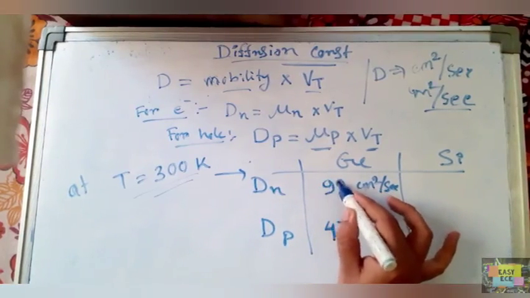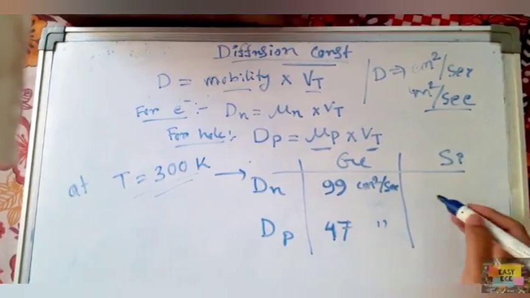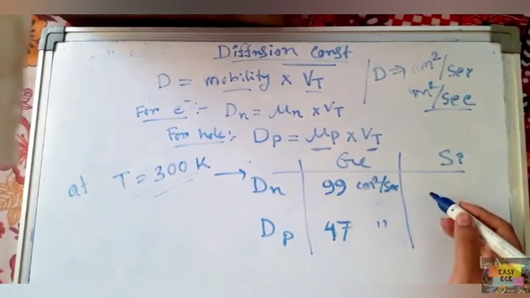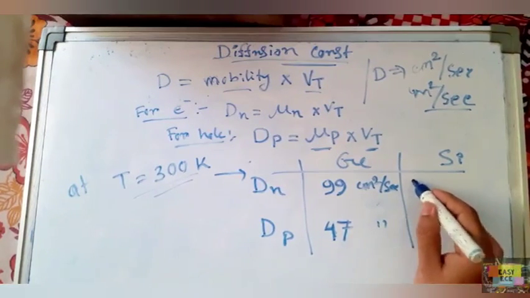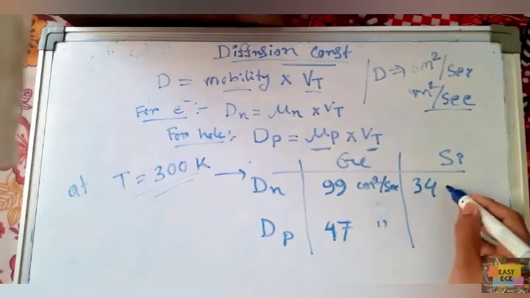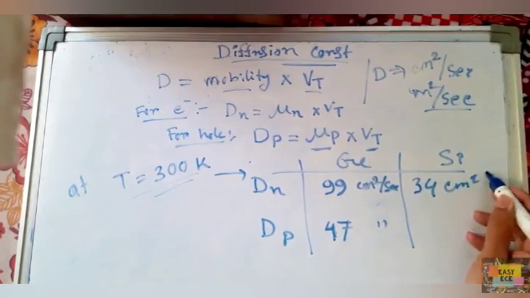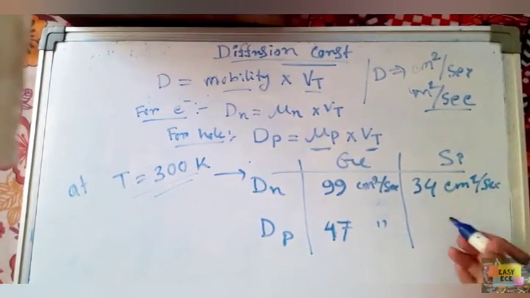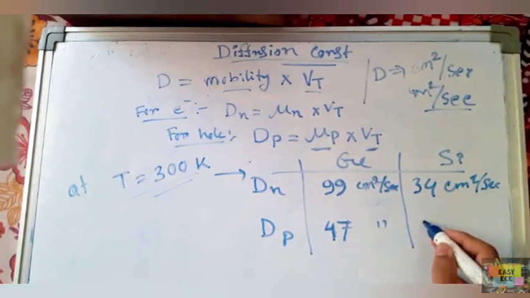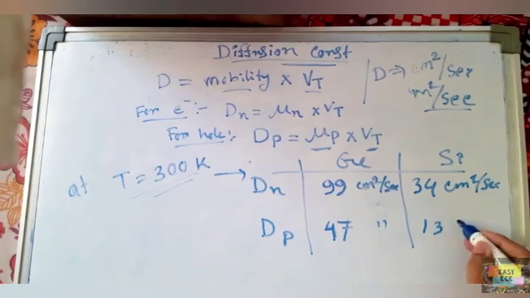Now for silicon, Dn is 34 centimeter square per second, and Dp is 13 centimeter square per second.